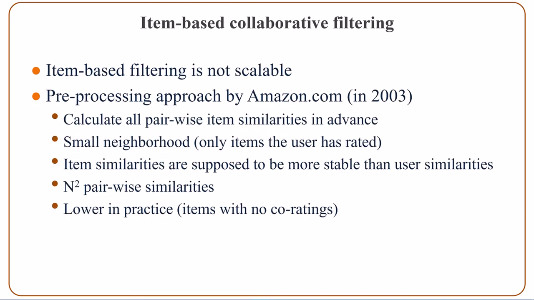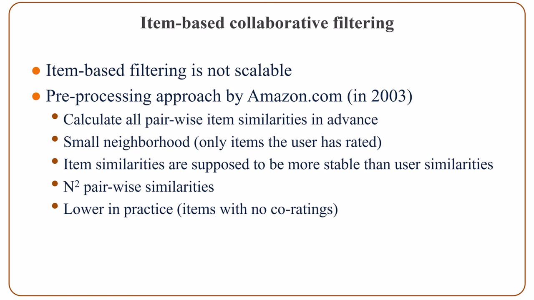There may be a very large number of items in a database. However, the item-based filtering approach is not scalable. Amazon came up with the preprocessing approach in 2003, which calculates all the pairwise item similarities in advance, and only calculates that for the small neighborhood because only items that users have rated are taken into account.